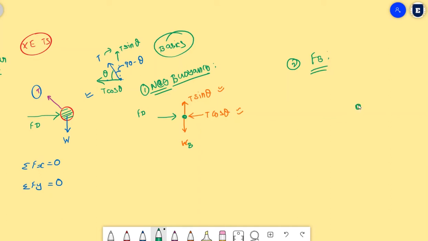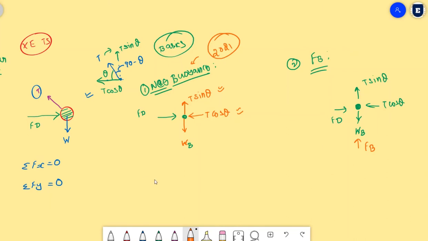Let me take this sphere, weight of the body, tension everything will remain the same, T sin theta and T cos theta, and here also drag force, and one more force, that is buoyancy force, which always acts in the vertical direction, in the upward direction. In GATE 2021, this is the question which they asked, but there is a possibility of including the buoyancy force also.